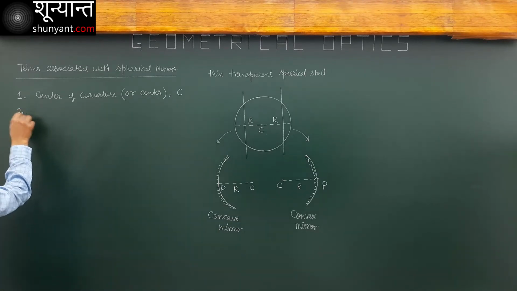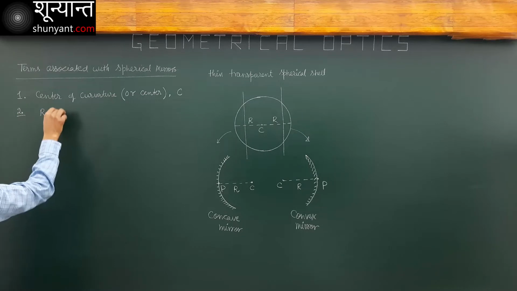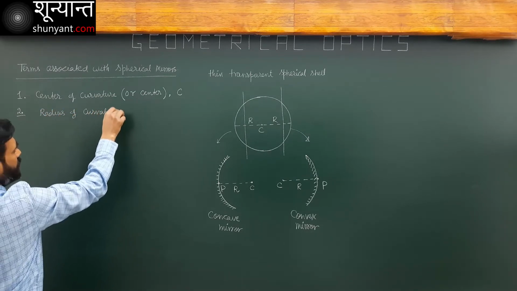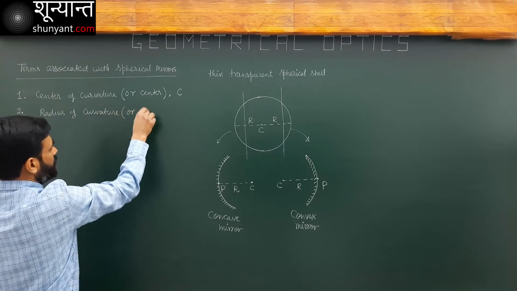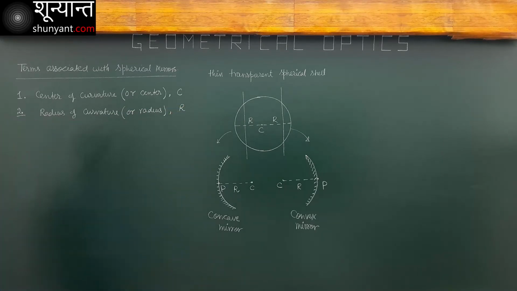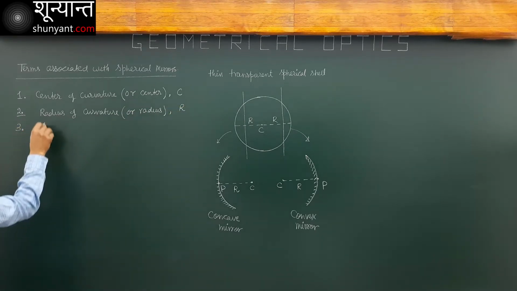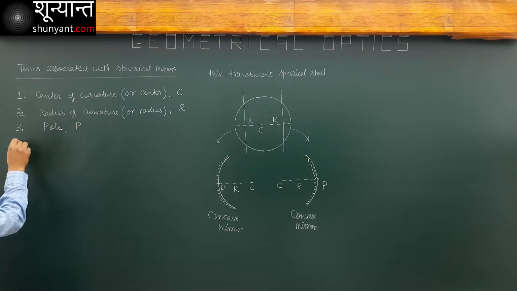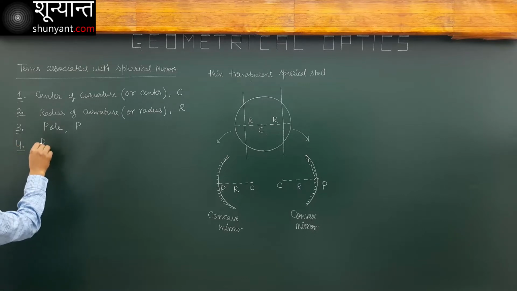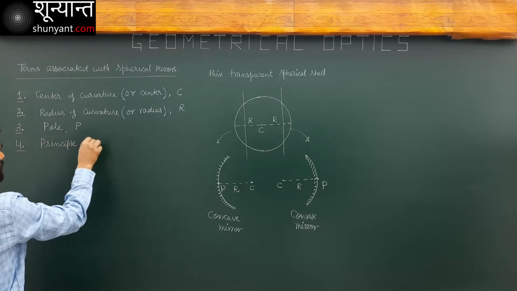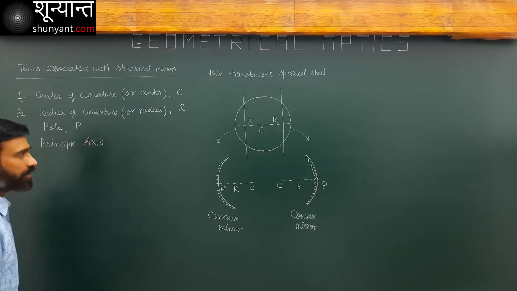Second term is the radius of curvature, or it is only called a radius. Its symbol is R. Third term is pole. Pole is P. Fourth term is principal axis.